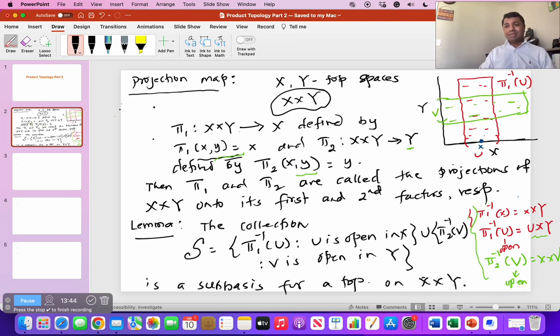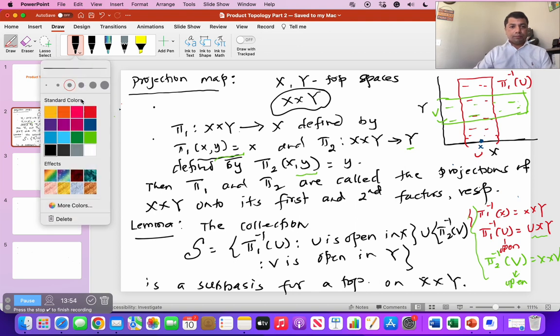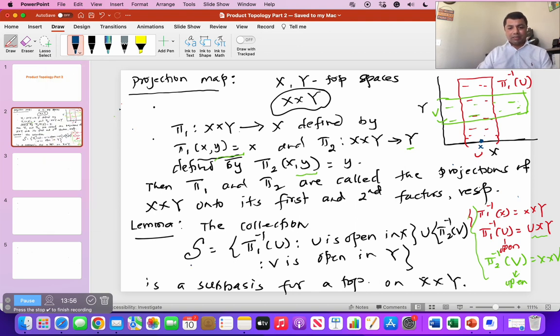So this lemma tells us how to find the subbasis for the product topology on x cross y. Okay, so basically this collection is the subbasis for the product topology on x cross y. Let me describe this collection a little bit more.